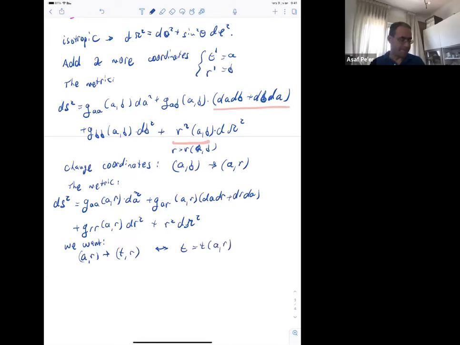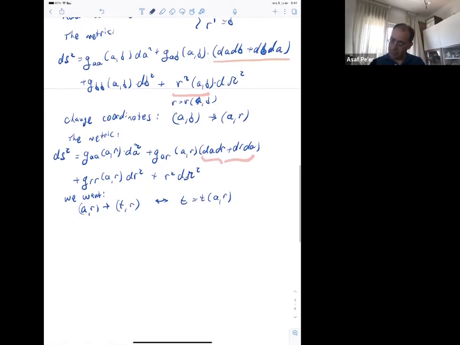Now the issue is that we don't want to have any cross terms. We want to avoid having terms of the form dt dr plus dr dt. This is the thing that we're troubled by. When we do that conversion, we can write down dt, it's just dt/dA dA plus dt/dr dr.